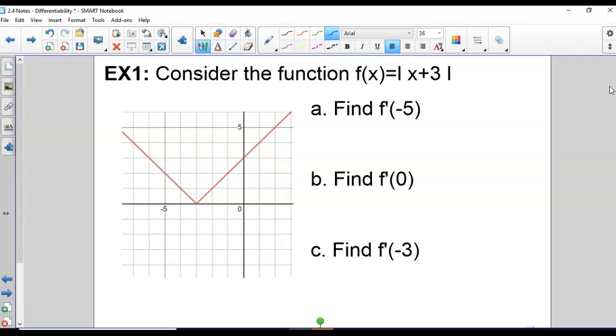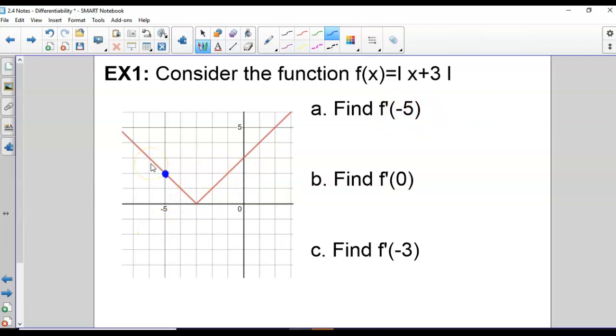Whenever we talk about the derivative, it is the slope of the graph. For an absolute value function, if I look at f prime of negative 5, we'd be looking at this point right here on the graph. We're not looking at the y value for that, that'd be f of negative 5.